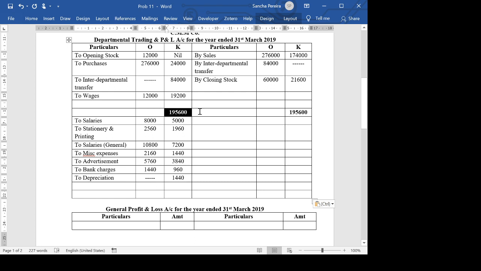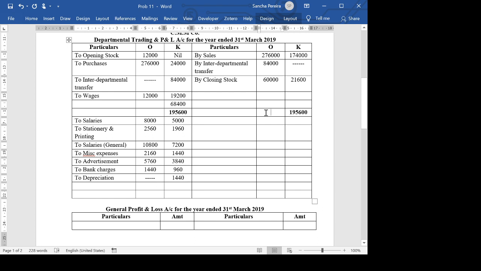Minus all the debits, 24,000, minus 84,000 and minus 19,200, which comes to 68,400. The gross profit here is 68,400.